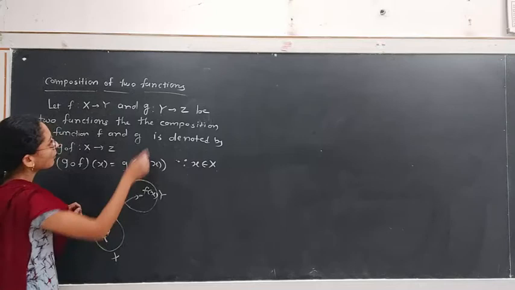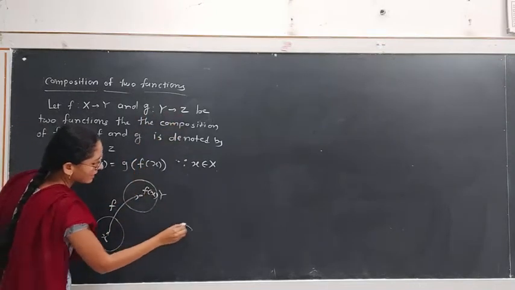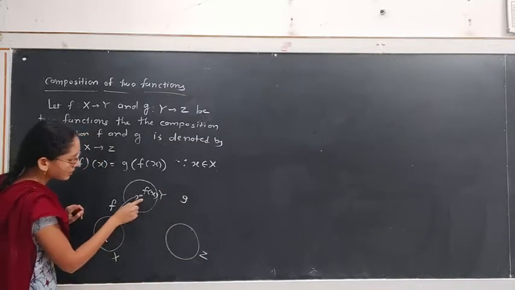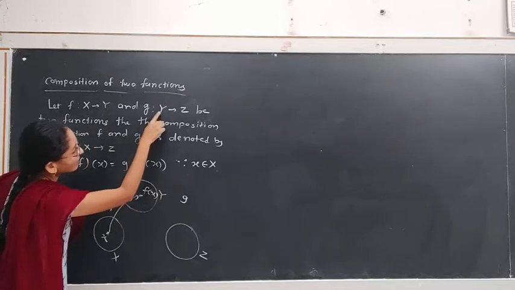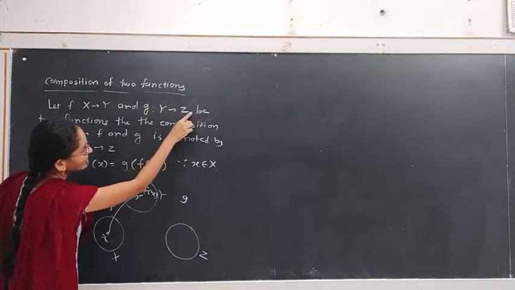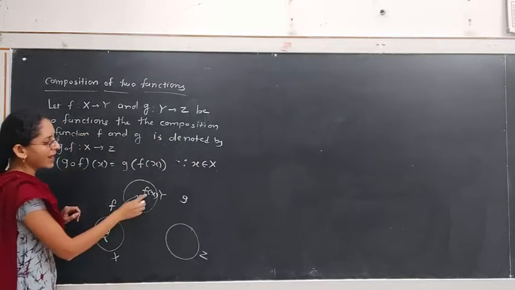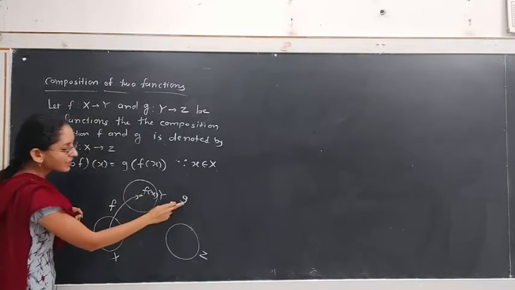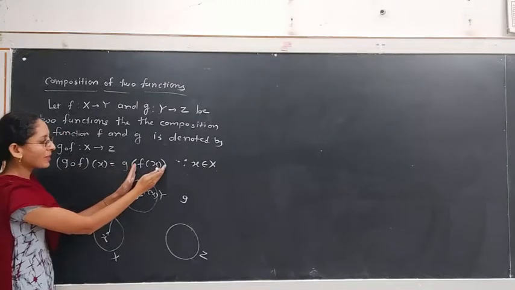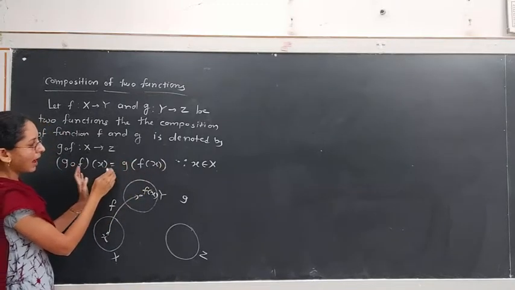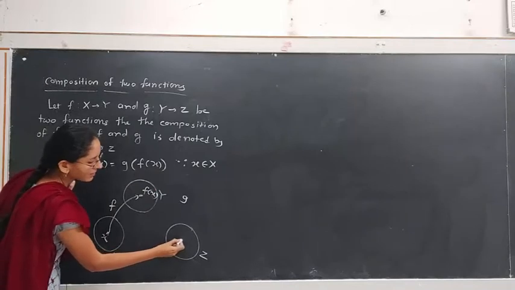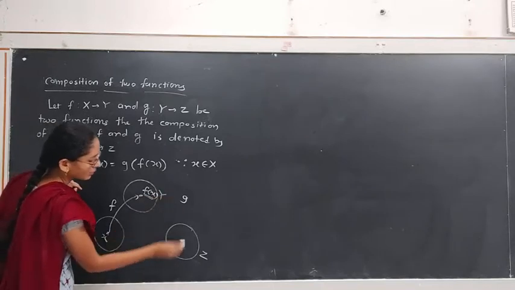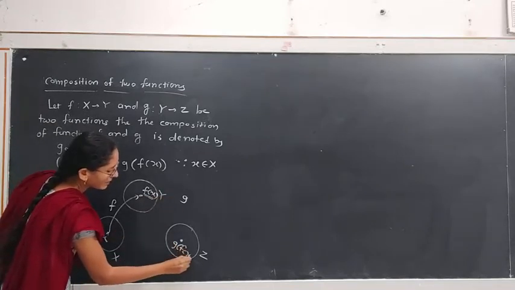Hence, again we have a function g from Y to Z. There is one more set, that is Z. g is mapping the elements of set Y to the elements of set Z. We have one element of set Y as f of x, because Y is the codomain for the function f. g takes this element f of x and maps it into the set Z. This is the image of the element f of x from the set Y, that is g of f of x.